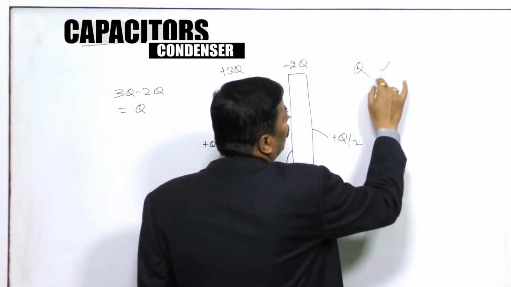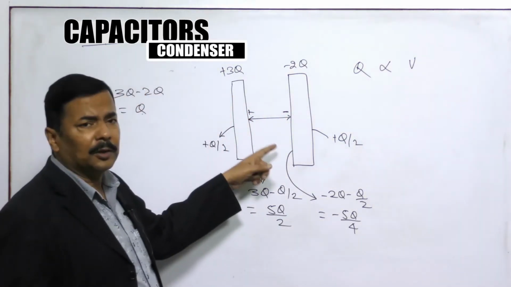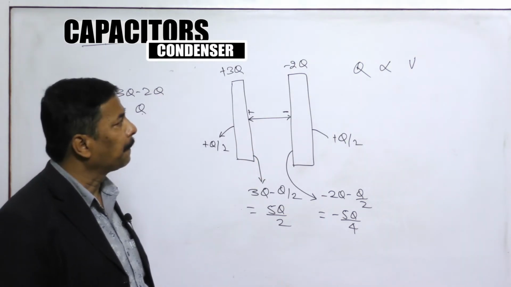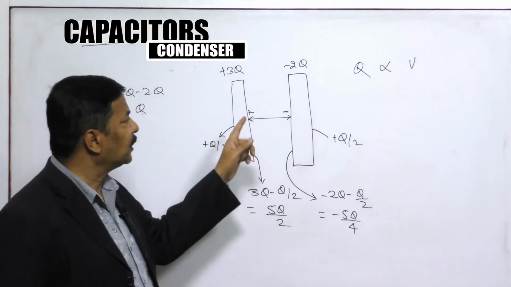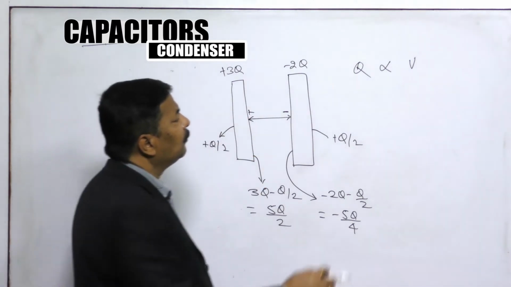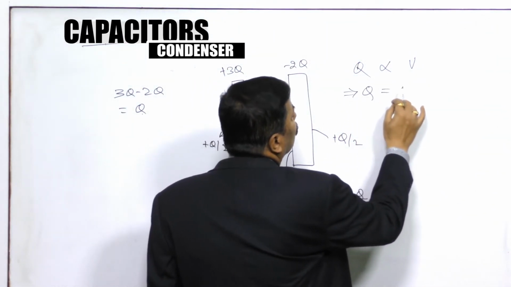So Q is proportional to V. In the arrangement of two conductors, Q is proportional to V. V is the potential difference, and Q is the charge given to the conductor. After that, we need a constant of proportionality, that is Q equals CV.